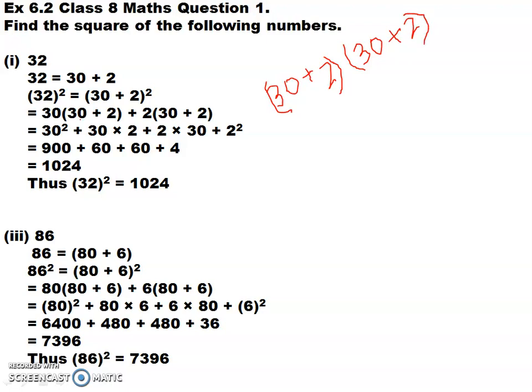Here the next step is 30 into 30 plus 2 plus 2 into 30 plus 2. How did you get that? Here the first number is 30.